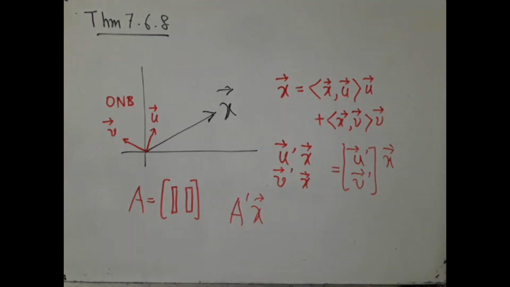So doing A transpose x is the same as expressing x as a bunch of coefficients in terms of the orthonormal basis. Now that is exactly what Theorem 7.6.8 says. Whenever you have an ONB and you want to express any vector, it is the same as multiplying by an orthogonal matrix. The same thing of course holds for a unitary matrix.